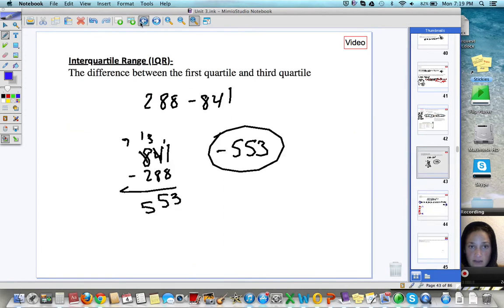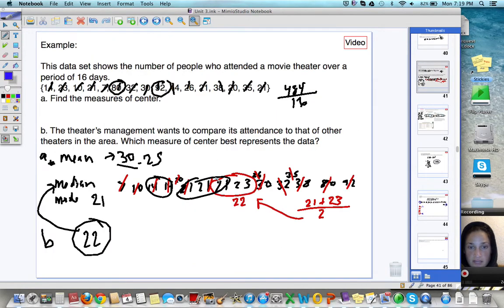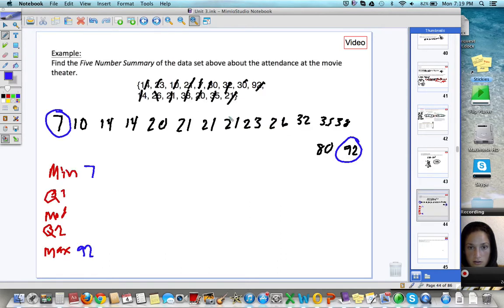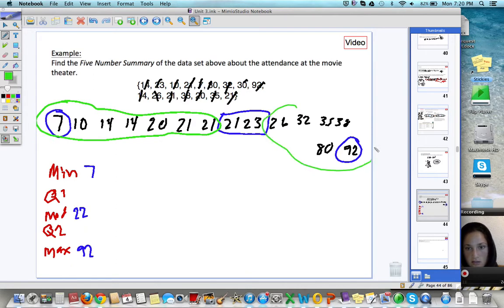We found over here that my median is going to be 22. It's right in between these two, so that's my 22. Everything down here is my lows, and everything up here is my highs.